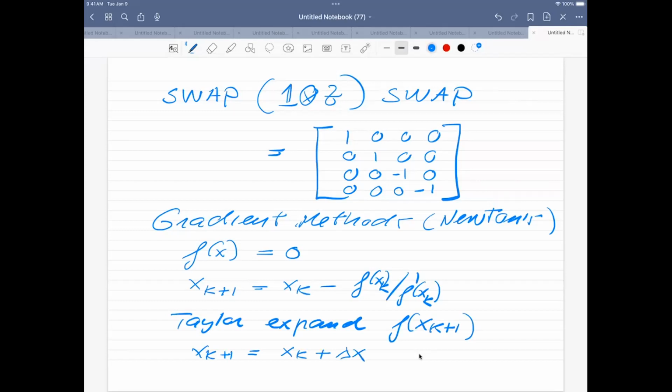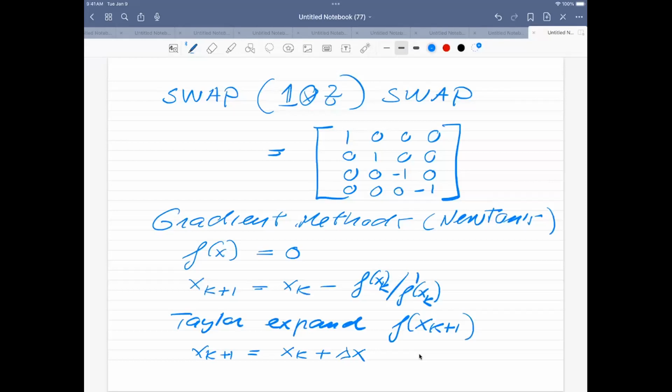Making that Taylor expansion, and truncating at the level of the second derivative, you can derive Newton's method. This is Newton's method for just one variable. You can generalize this to many variables, and then this first derivative will be the Jacobian matrix.